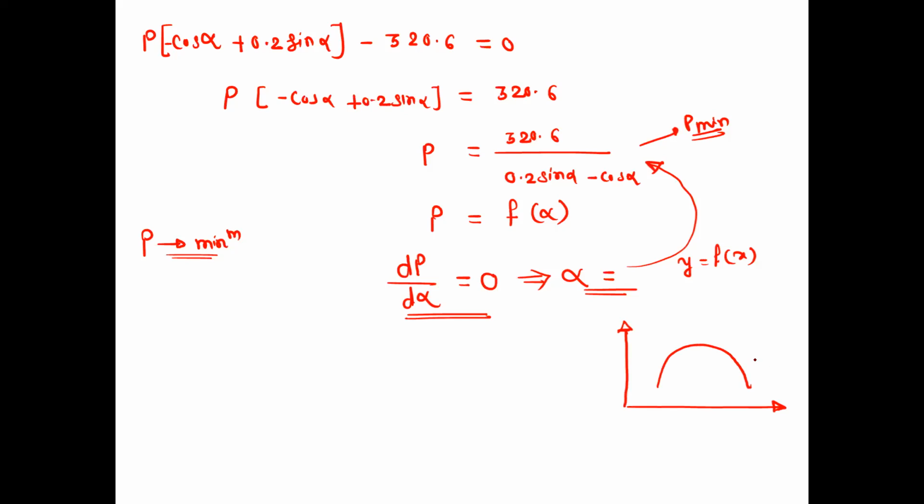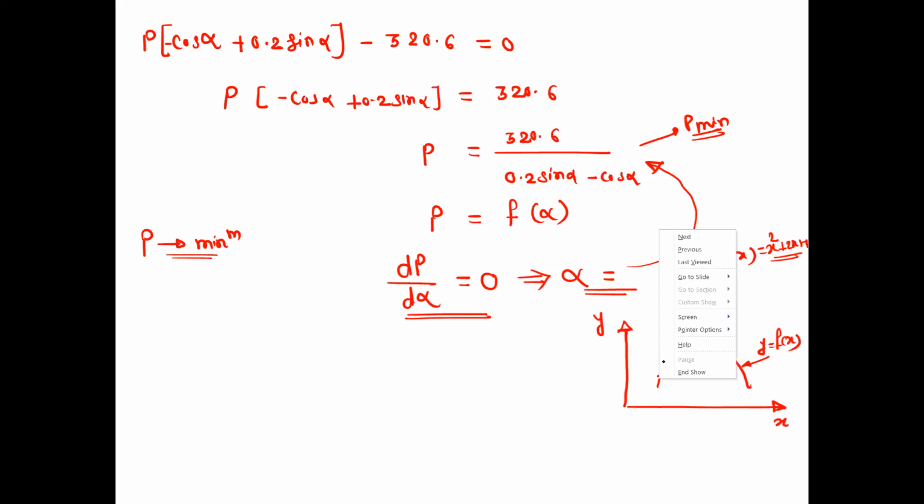This curve gives the equation y is equal to f of x. This is the x-axis and this is the y-axis. Suppose it is the quadratic equation x square plus 2x plus 1 something. So this will be a parabola. Suppose we want to find out the minimum value or the maximum value. So for this graph, it will be the maximum value.